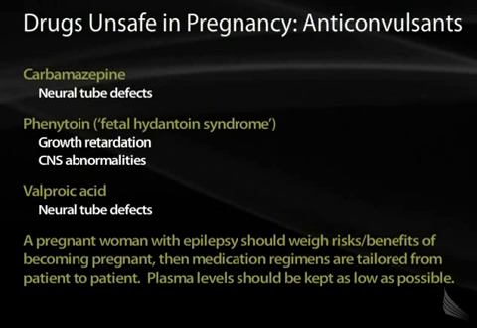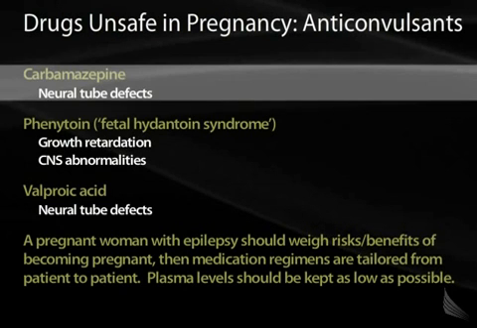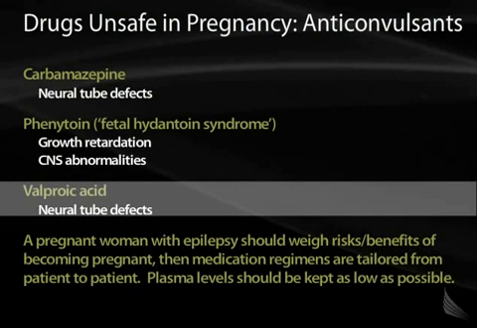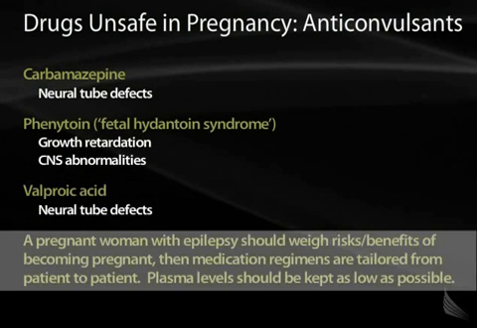Other medications that are unsafe during pregnancy include carbamazepine, which has been shown to cause neural tube defects, and phenytoin, which causes the classic fetal hydantoin syndrome, characterized by growth retardation and central nervous system abnormalities. Also, valproic acid can cause neural tube defects.